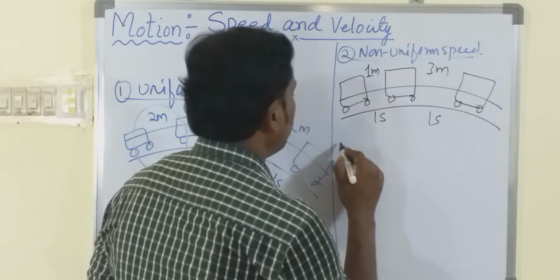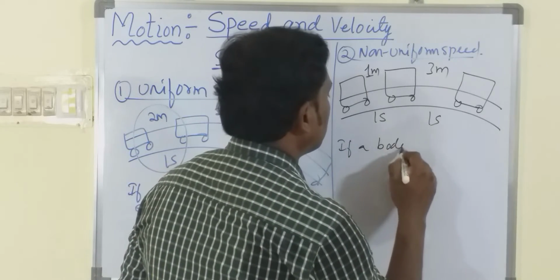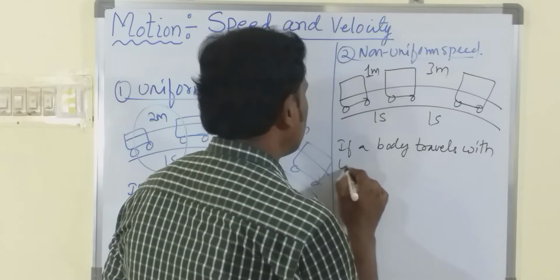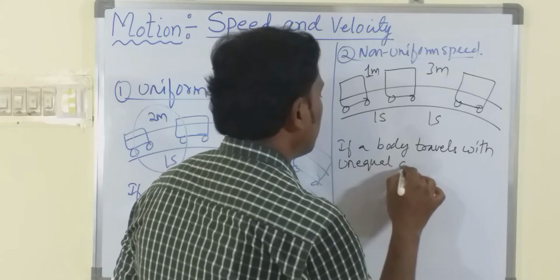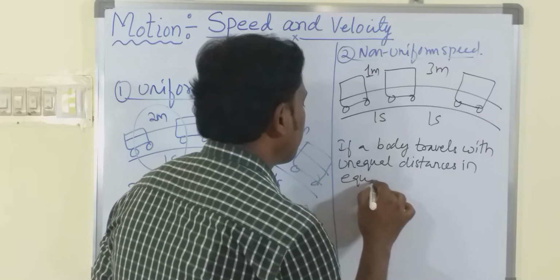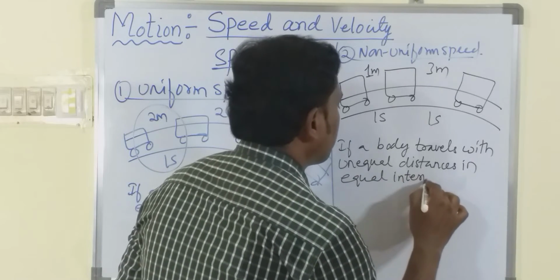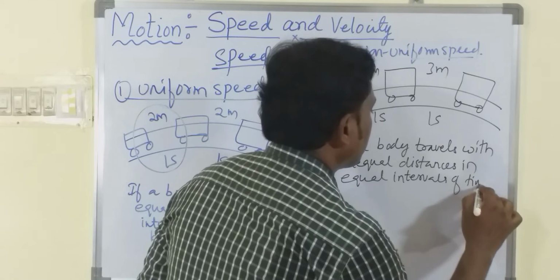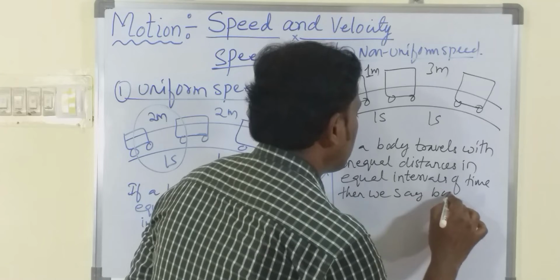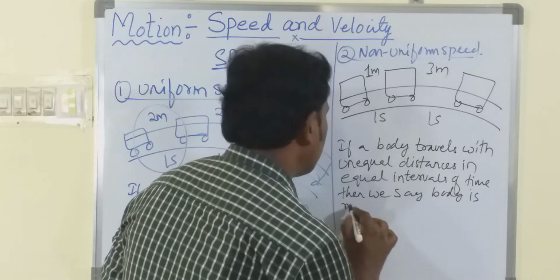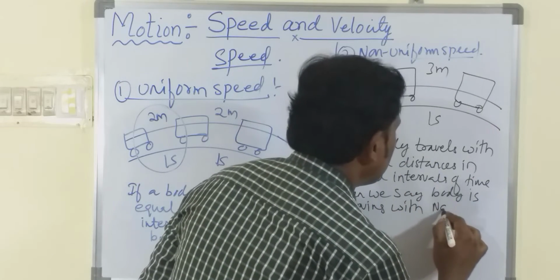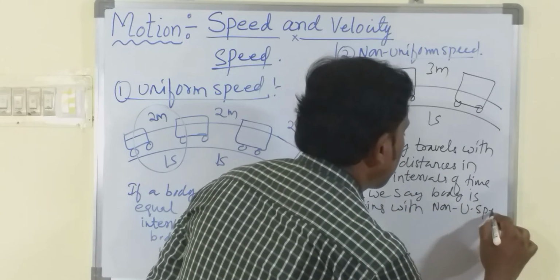So let me say, if a body travels with unequal distances in equal intervals of time, then we say the body is moving with non-uniform speed.